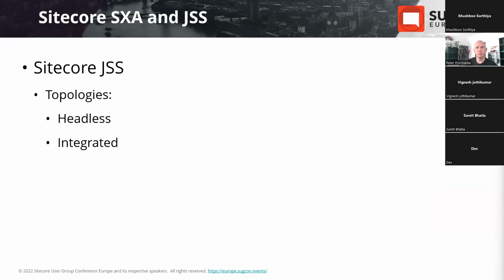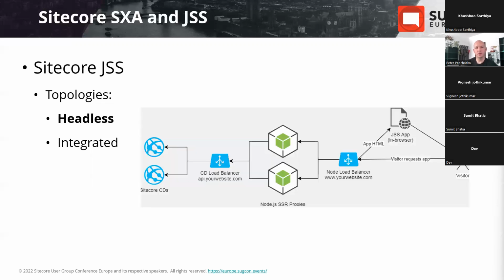So, some topologies that you can use with Sitecore JSS. You can choose between headless and integrated. Headless is, I would say, best for performance, and is also a recommendation from Sitecore on the Sitecore delivery servers, because it's not hitting the CD server that much.